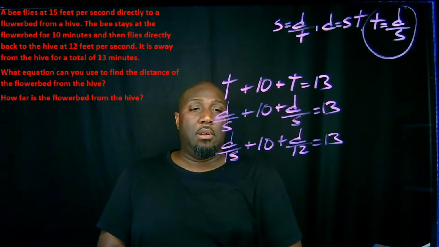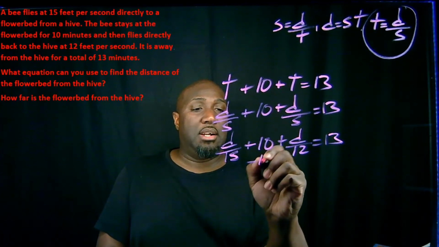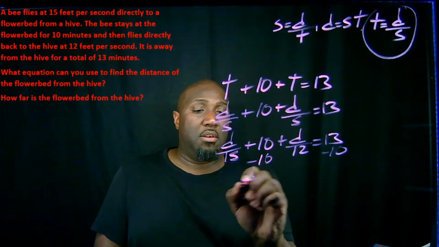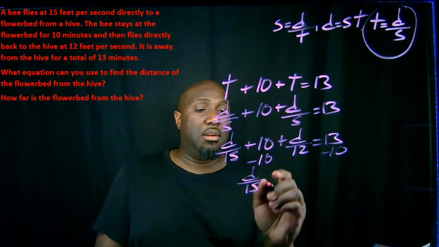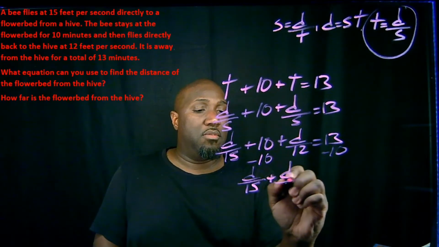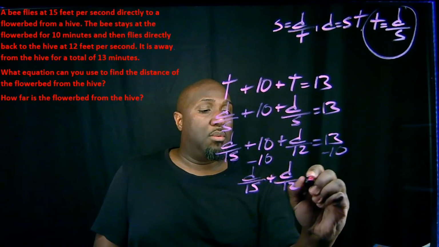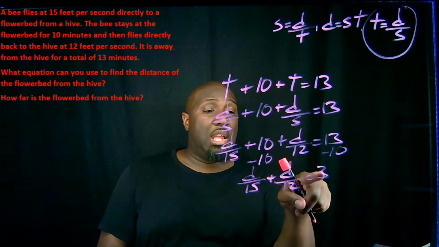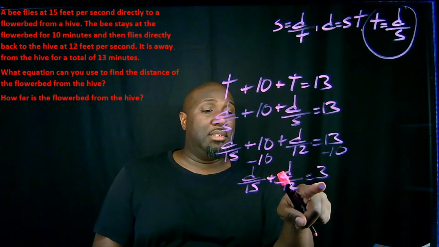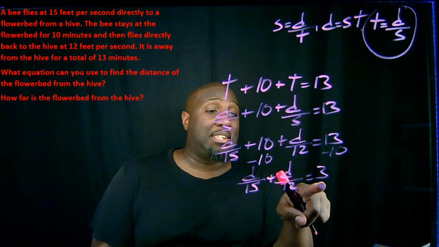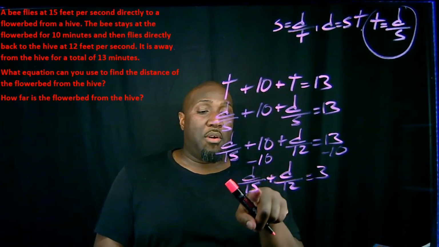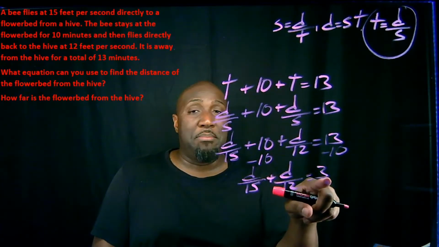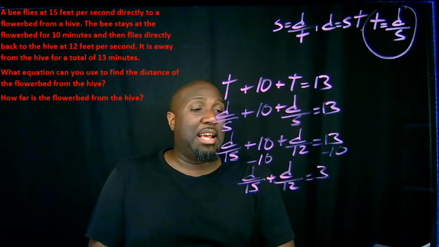We can subtract 10 from both sides. So now we have D over 15 plus D over 12 equals 3. Now, keep in mind, this 3 is with respect to minutes, while the 15 and 12 are in seconds. So we have to convert 3 minutes to seconds.